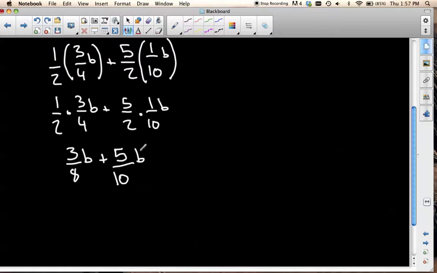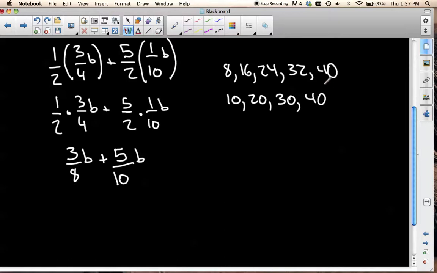And to add them together, we've done this with fractions, we need to have the same denominator, the lowest common denominator. I can do this a couple of ways. I could list the multiples of 8: 8, 16, 24, 32, and 40, and then the multiples of 10: 10, 20, 30, 40, to get my lowest common multiple of 40. Or I can make a factor tree.